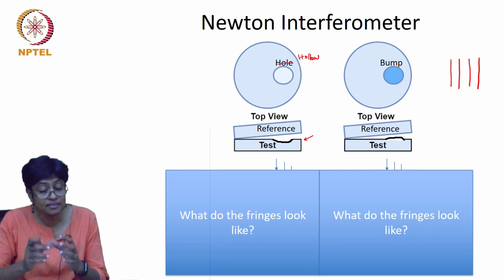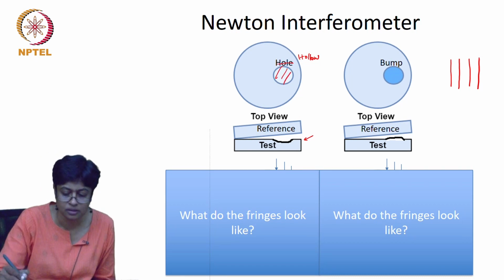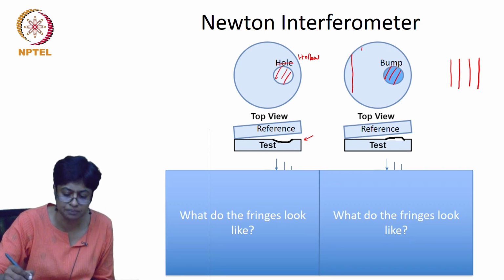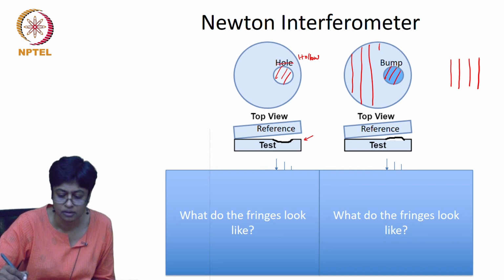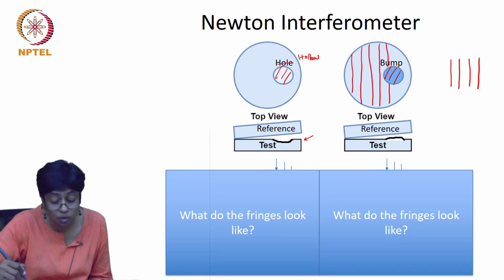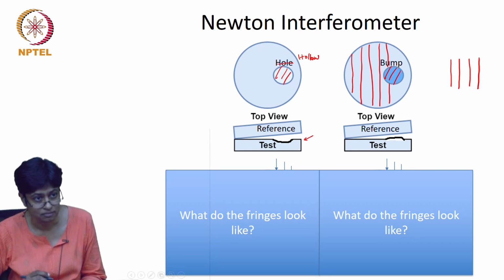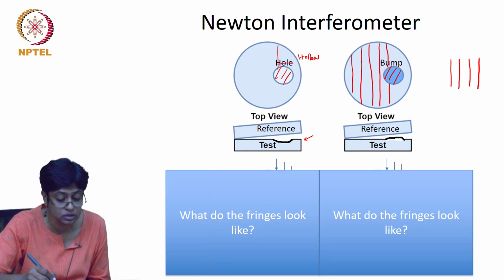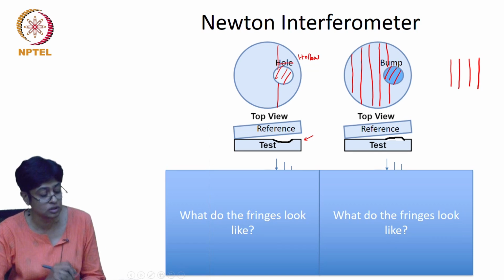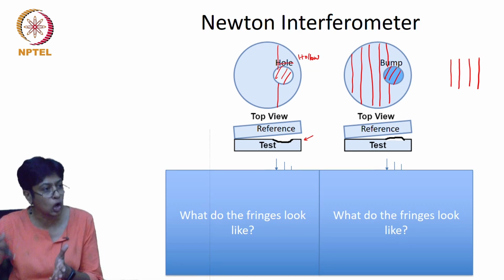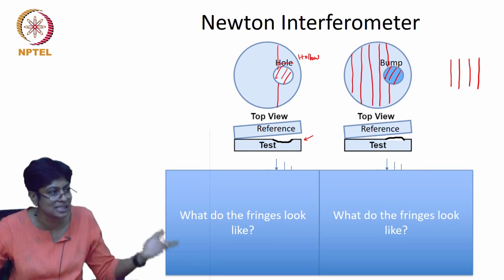Everywhere other than this region, the fringes are going to look the same, right? Now somehow these fringes have to connect. The fringe above this hollow and the fringe below this hollow. It will connect along the path where the optical path length difference is the same.